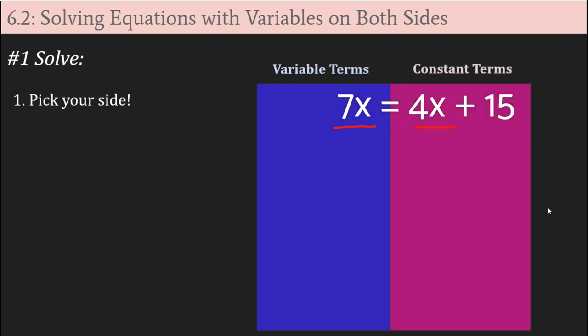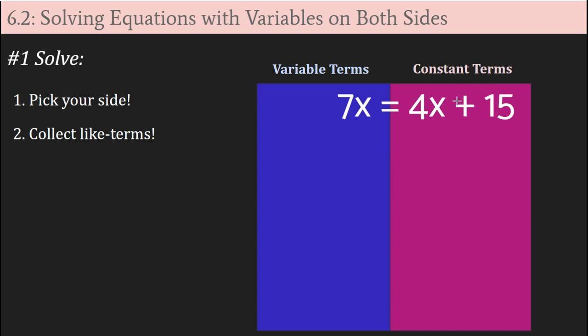So we're going to have the left side of the equation as variable terms and the right side of the equation as the constant terms. Right now we already see that we have variable terms on each side of the equation. So we're going to need to conduct some mathematical operations and balance it out and get our 4x onto the left side with the 7x.